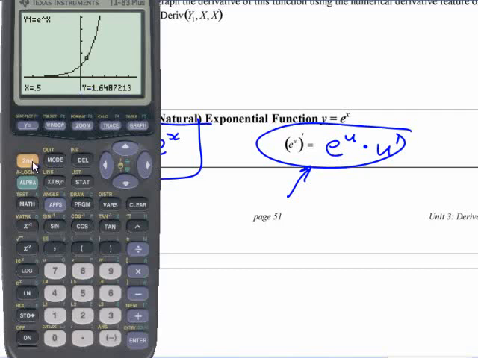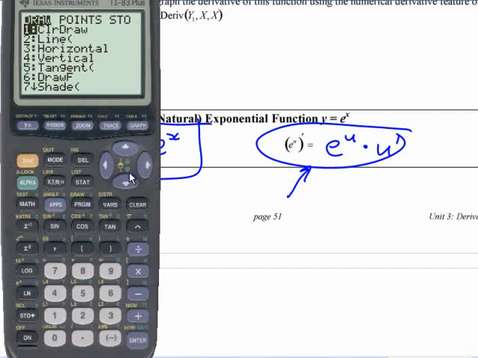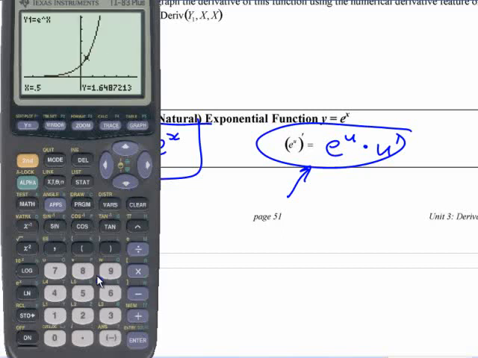If you draw the tangent, remember, what x value did I pick? 0.5. Okay, so remember the y value is 1.64. It's going to draw the tangent, and the slope of the tangent is 1.64, okay? That's a connection. You try that anywhere and you see. That's a connection. That's good.